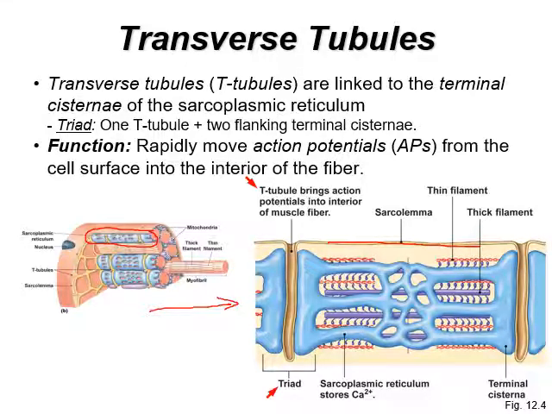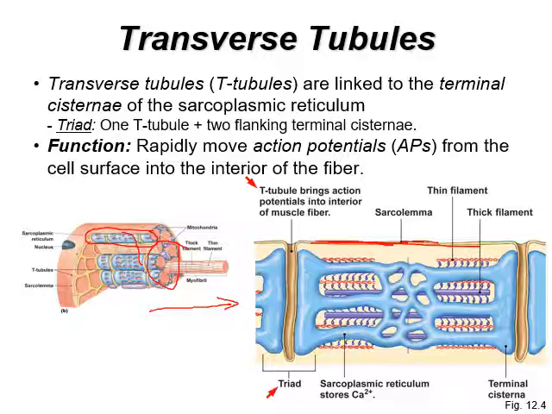To make this muscle contract, we're going to have to send an action potential. And an action potential has to get to all of this region of the muscle to make sure we get contraction. So if the action potential is coming along the sarcolemma, we need to get that action potential deeper into the muscle.